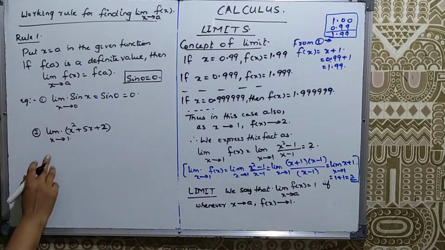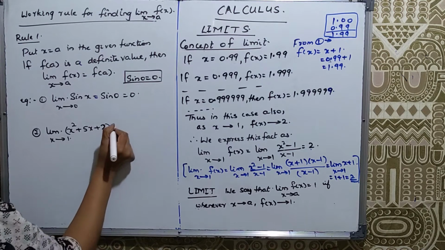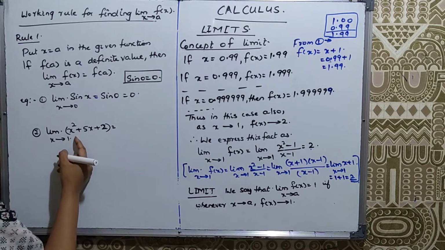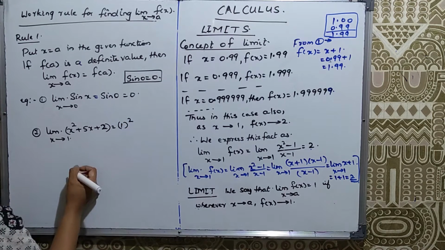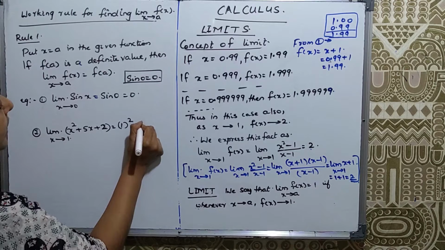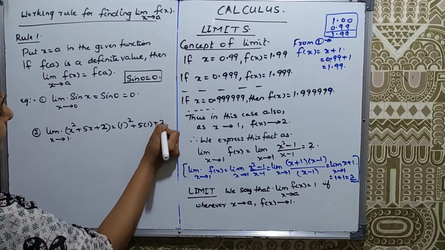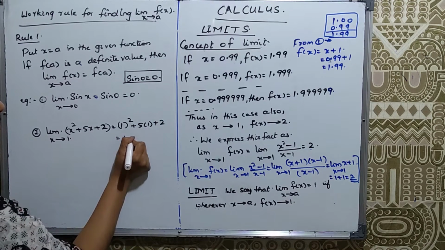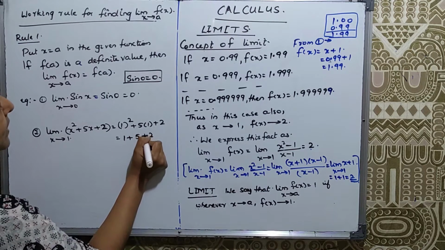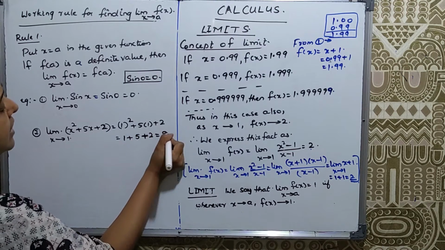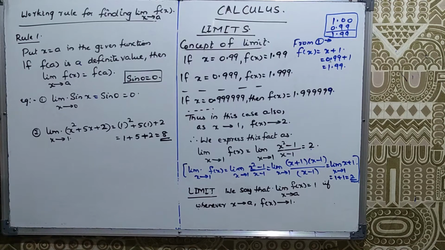Now next one, limit x tends to 1, x squared plus 5x plus 2, that will be equal to, now we are substituting the value, 1 squared plus 5 into 1 plus 2. So 1 squared is 1, 5 into 1 is 5, plus 2. That is 5 plus 2 is 7, plus 1, 8. So you got a definite value. If you are not getting a definite value, at that time we will go to the next rule.